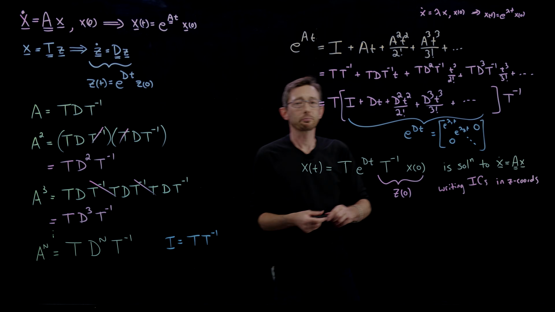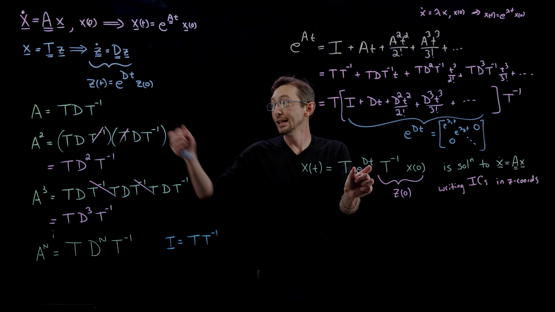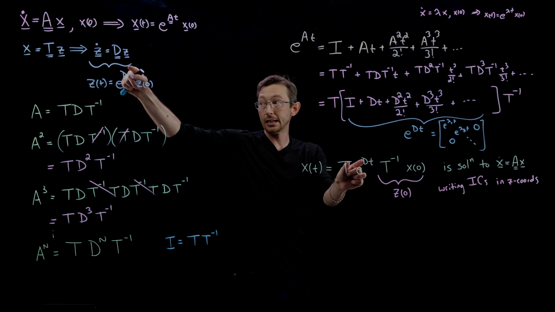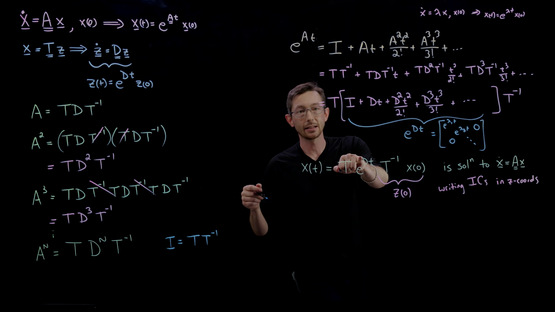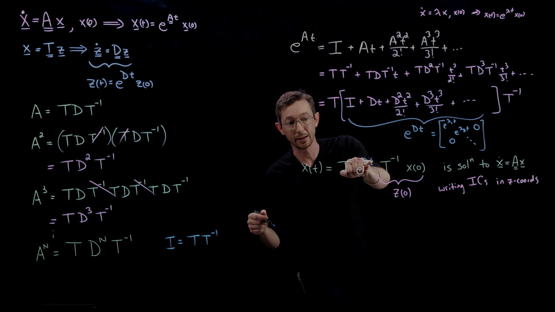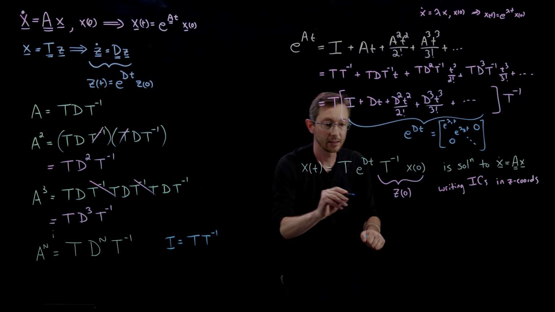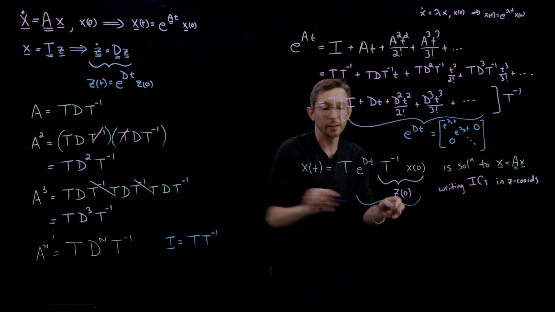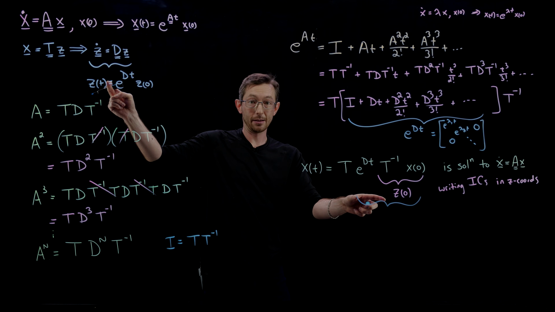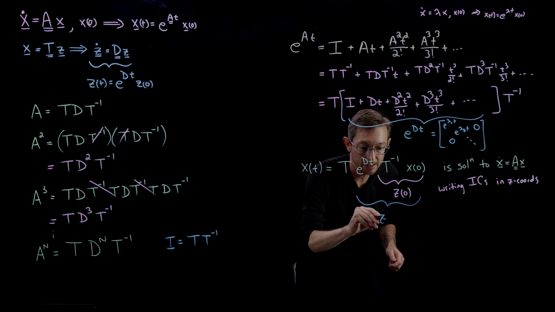Then I multiply by e to the matrix D t. So this whole thing, e to the diagonal matrix D times time times z naught, is literally z at some future time t. This is z of t.